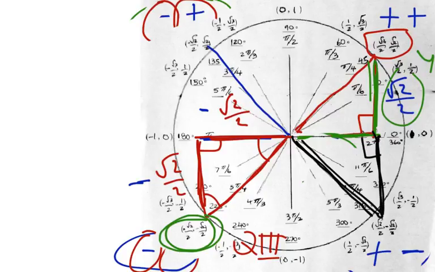This is 90. If that's 45, therefore the lengths are not going to change. So this is square root 2 over 2, and the side is square root 2 over 2. That's the length. But as a coordinate, the x here is positive.